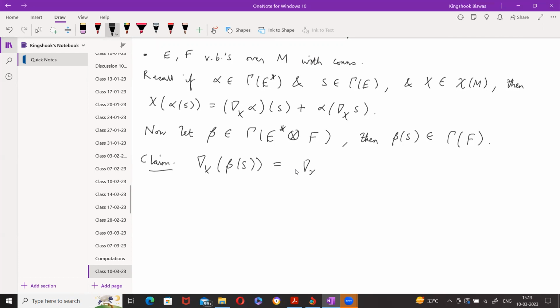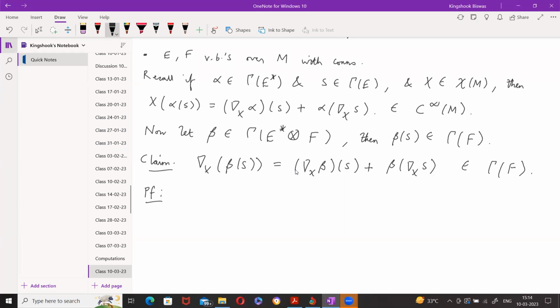This will be nabla X beta applied to S, where this nabla of beta is the induced connection on the tensor product E star tensor F, plus beta applied to nabla X of S. The whole thing is a section of F. So it is different from this case, where the whole thing was a function on M. Now we're looking at something which is going to be a section of F. Is that clear? Yes? Is the difference clear?